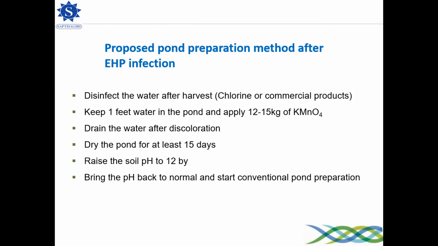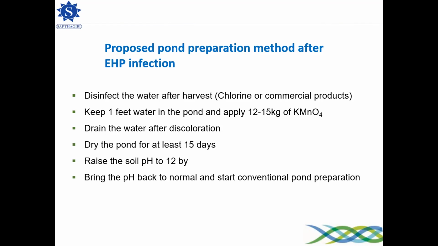So if the pond is unfortunately infected with EHP, after harvesting, keep 1 foot of water in the pond and apply 12 to 15 kg of potassium permanganate, depending upon the organic load of the water. Once it is treated, you can drain the water after discoloration.